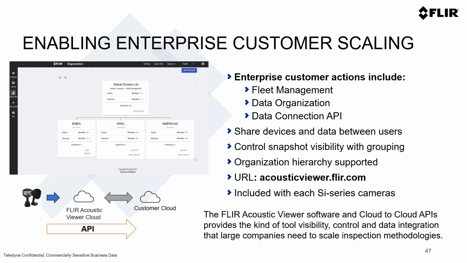Also, the data organization. We are allowing groups of work to share the same information and distribute this information among the team. And of course, the supervisor can also have access to this. And we have also the connection API. So if a customer prefers to have the information directly from the camera to their cloud or their own system, we can use the API.